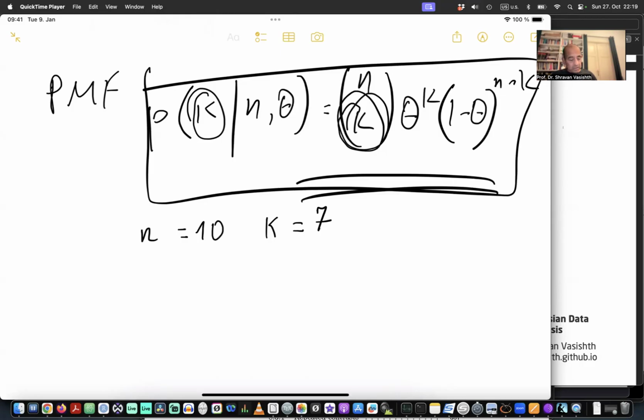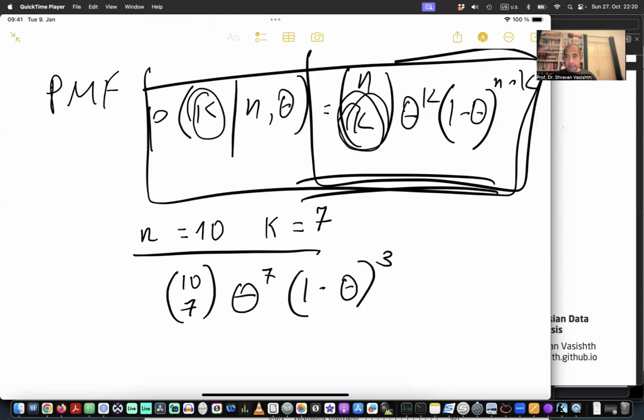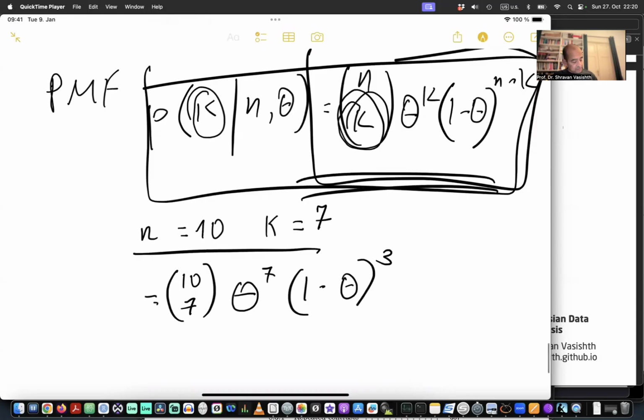That's theta. So in this particular case, you can think of this function as a function of one variable only, and that one variable is theta. So this function is now called a likelihood function because it only depends on theta.